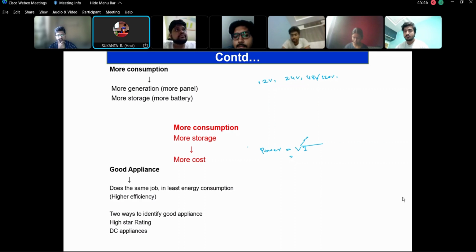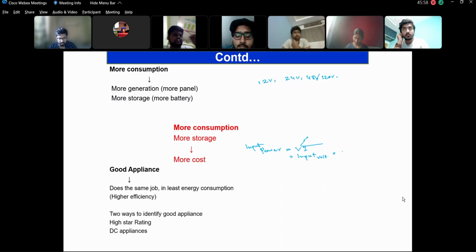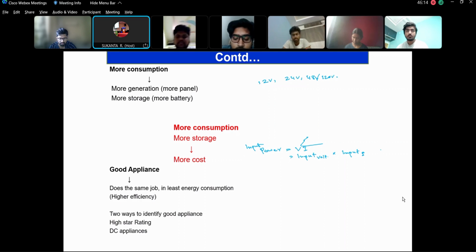So if you talk about the input power, obviously it will be input voltage and input current. And at the output, it will be output voltage and output current, how much output we are getting.